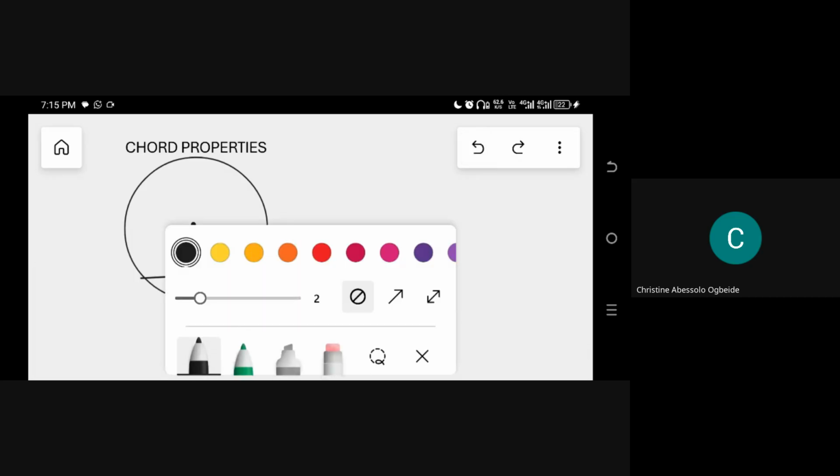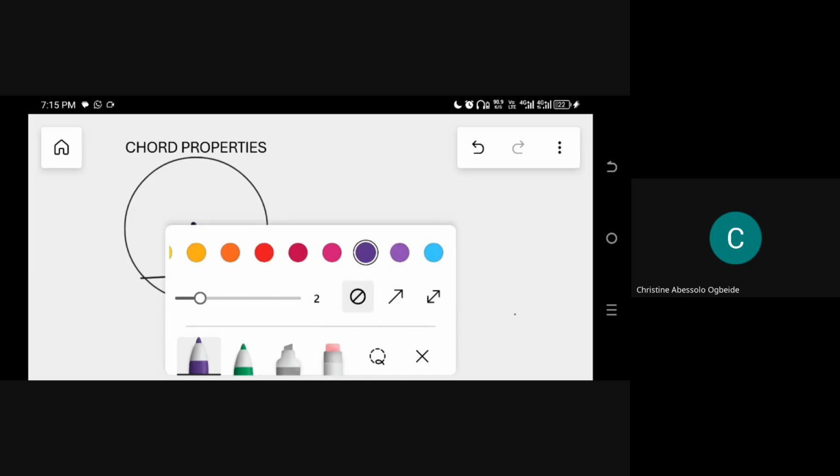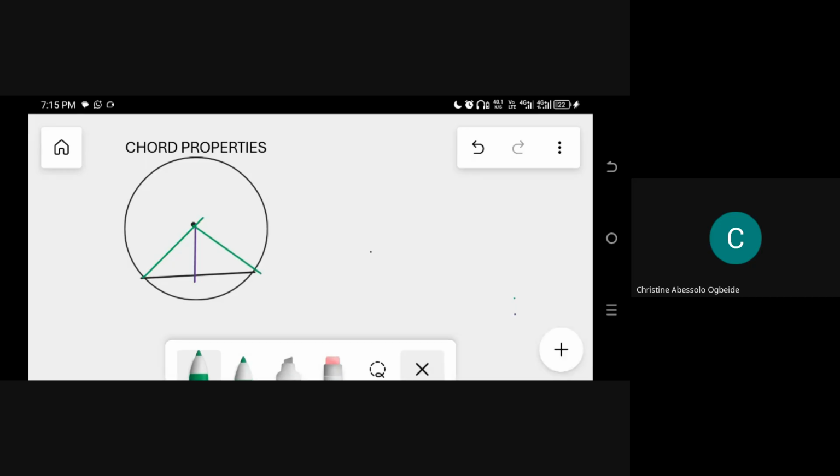So here I would use purple, from here to here, purple. Then for the radius, use green here. So we're using colors so that it should be easier to identify.